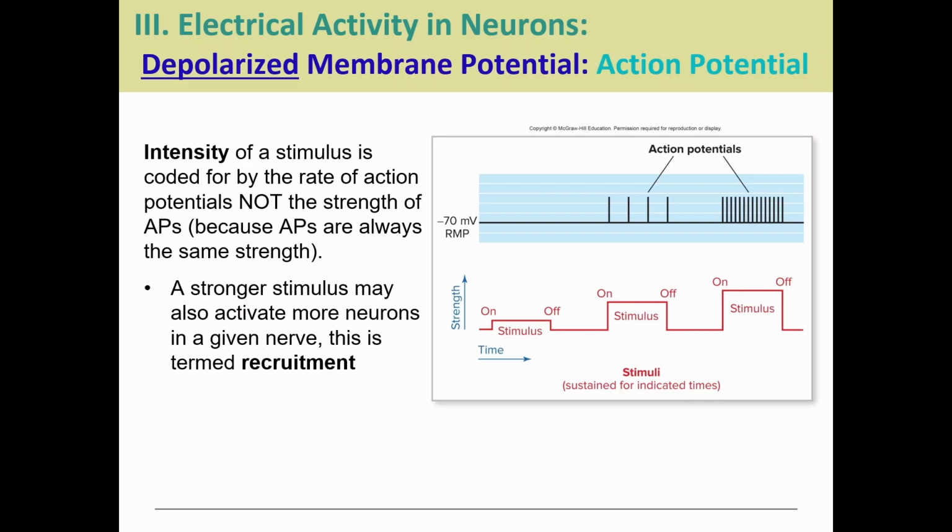And then a stronger stimulus may activate more neurons in a given nerve. This is called recruitment. So we see the stimulus, the strength, on, off. But as the stimulus gets stronger, we can recruit more. Right here we're seeing the action potentials being further apart versus closer together. That's the intensity.